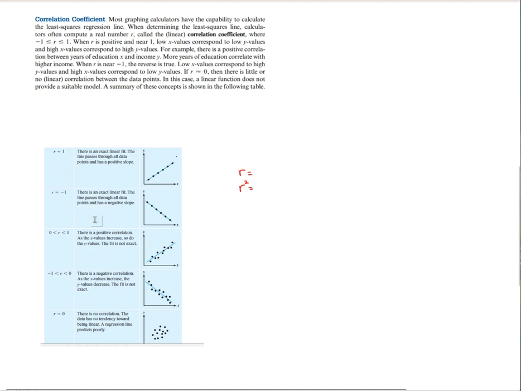For everything else, like here you've got a bunch of points and the line's going this direction, some of them are touching it, some are closer than others. The R value will be a decimal number between 0 and 1, with the closer you get to 1. So if you had a 0.75, that's not super close.